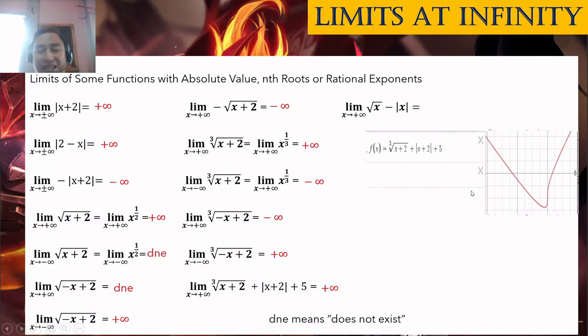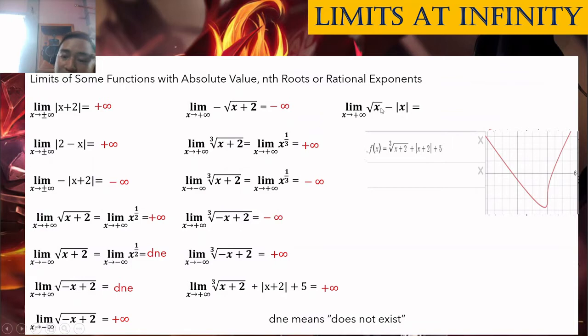Okay, now next, the limit of the square root of x minus the absolute value of x. As we can see, class, the square root of x is less than the absolute value of x. So the absolute value is greater than the square root.